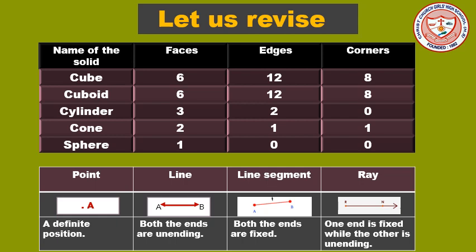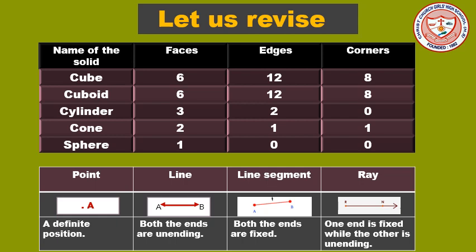Now the point. So this is the picture of a point. It is nothing but a definite position. Then line. You can see here the line is AB. Both the ends are unending. Line segment, it is also named as AB.